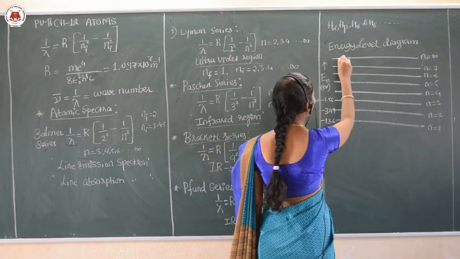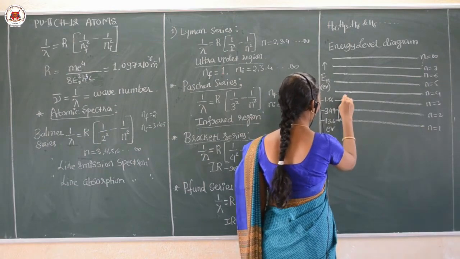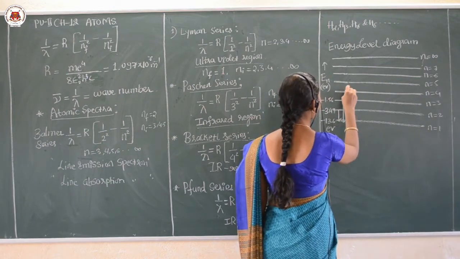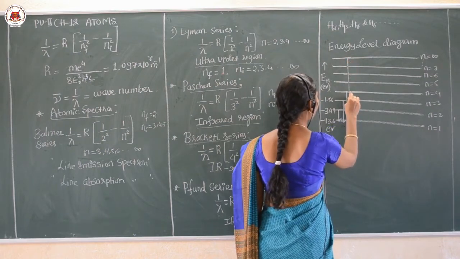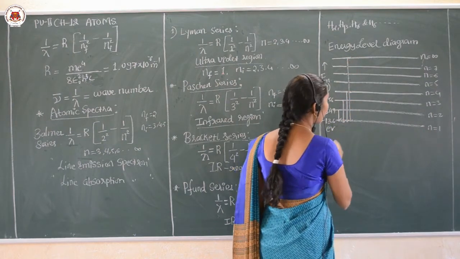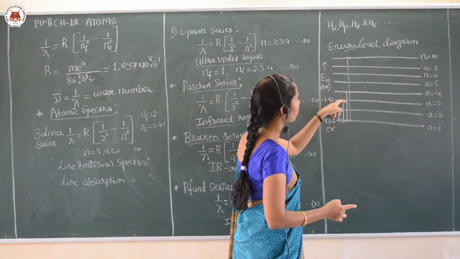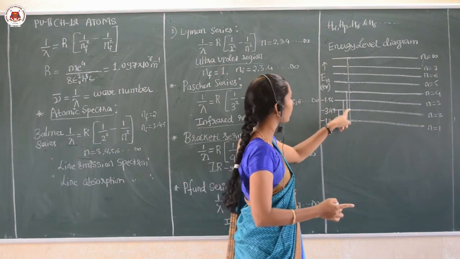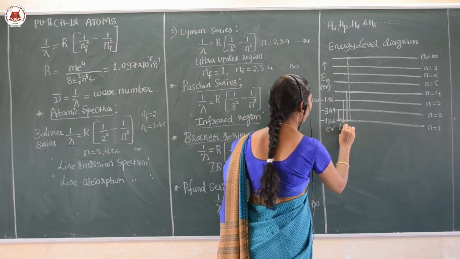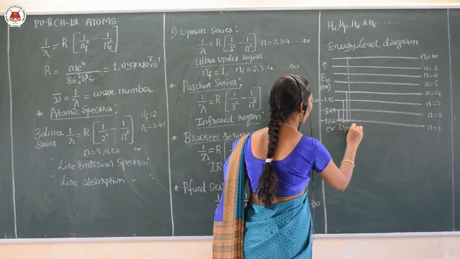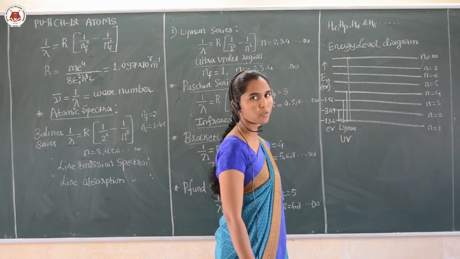Let us take one from higher to the first state, and one I can take from the last. You can see that the electron jumped from the second, third, fourth, like that from infinity, to the first orbit. Which series is formed here? Lyman series is formed. Where is it observed? In the ultraviolet region, right.